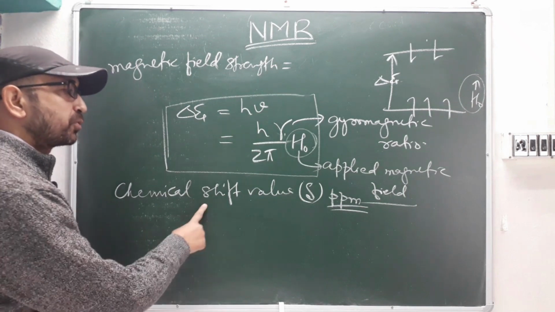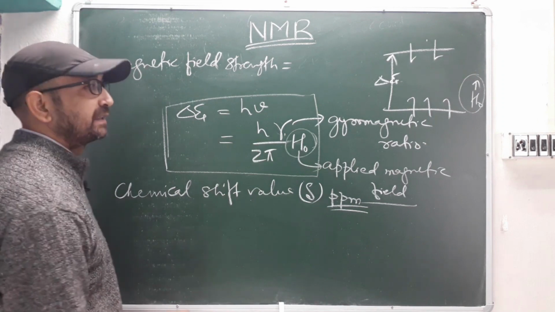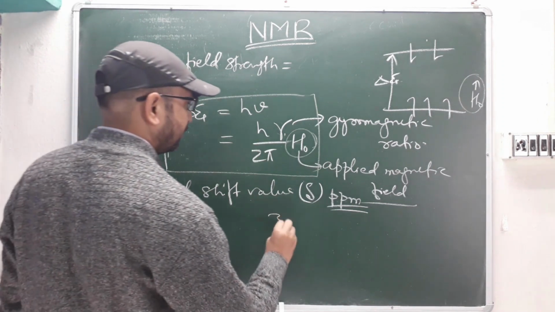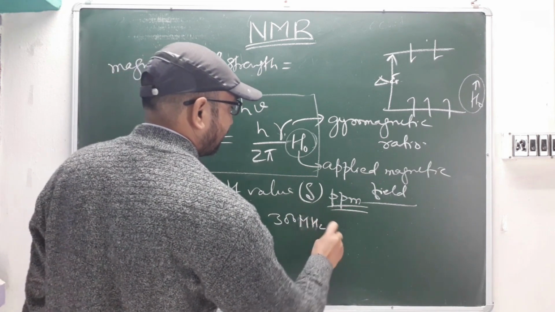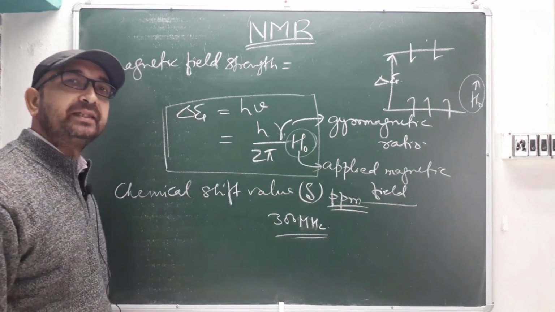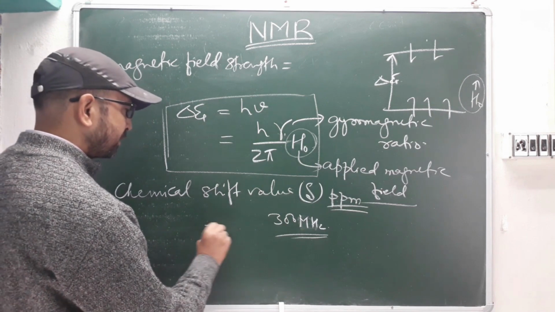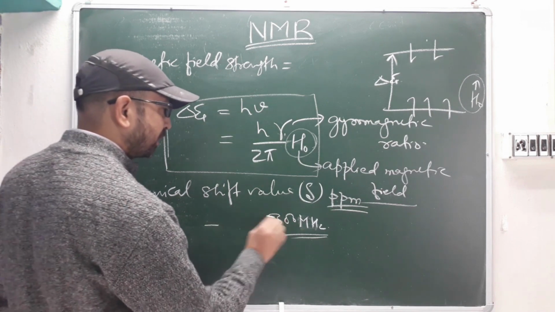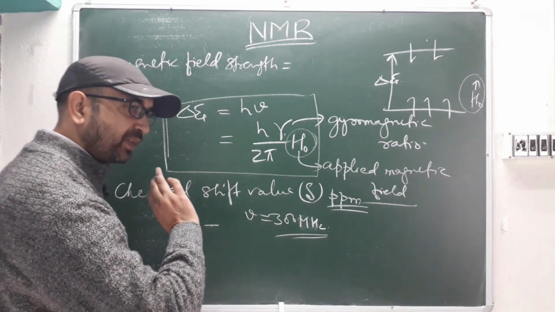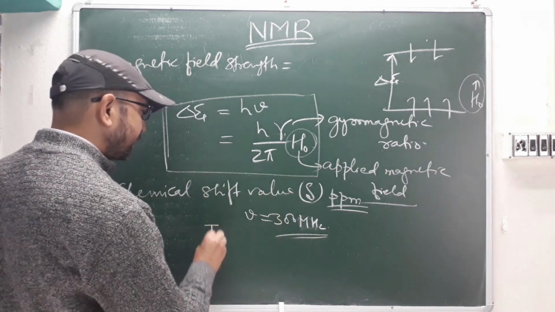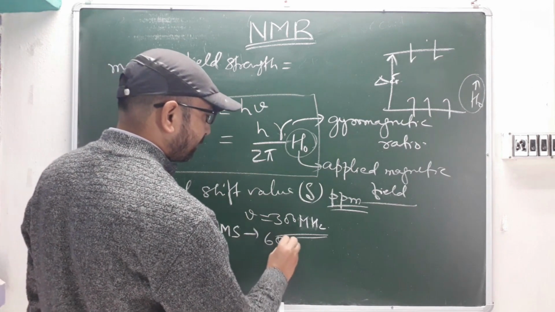For this type of question, they will give you the instrument's frequency. Suppose they tell you the instrument frequency is 300 megahertz. The question will be like this: the instrument frequency is 300 megahertz, and the frequency distance from TMS is 600 hertz.